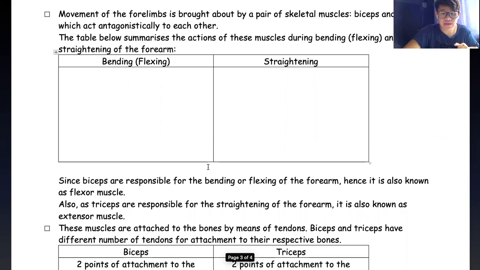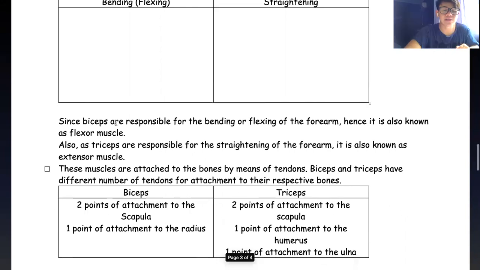So if we go back to here, right? So since biceps are responsible for bending or flexing of the forearms, hence it is also known as the flexor muscle. So when you flex, this muscle is what we call the flexor muscle.